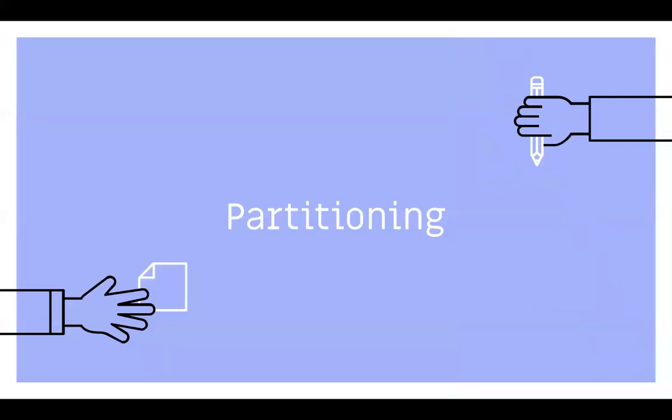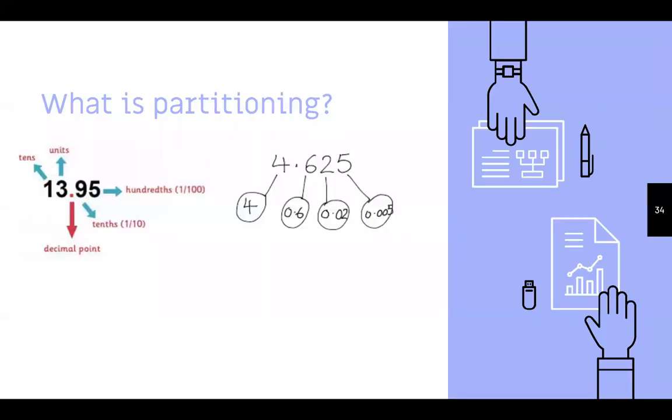So partitioning, I talked about this earlier. It's good visually just to go back to it, take a little time out and definitely spend some time looking at it. So what does that partitioning look like? We have that number 0.625, and I did tell you the tens spot, the 1 spot, decimal point, 10th, hundredths.